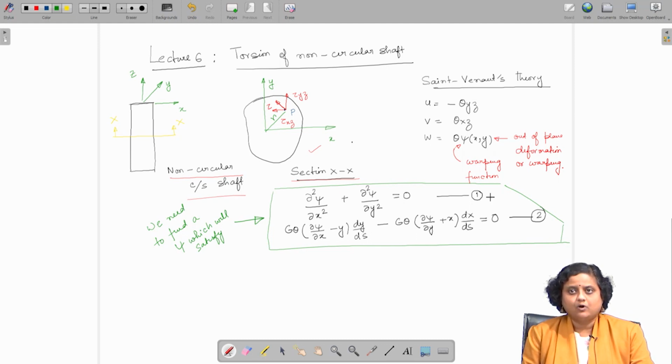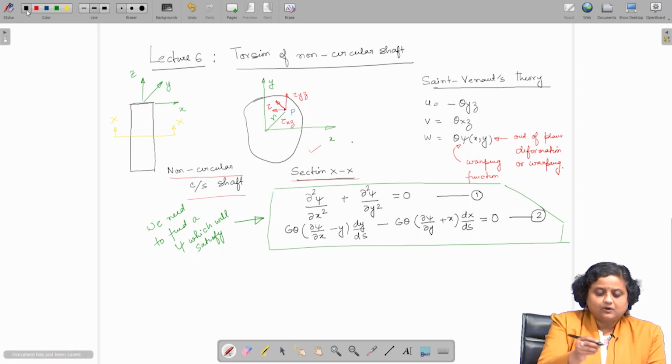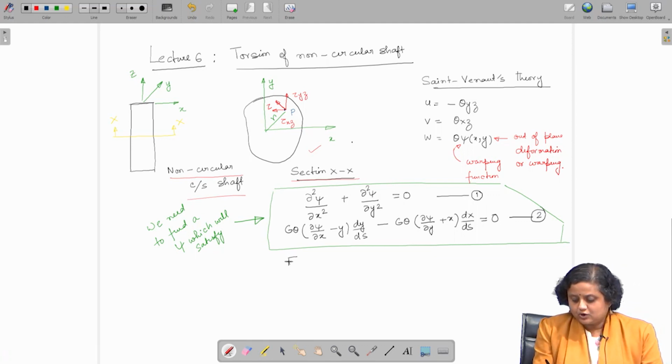Before I move on to explain the Prandtl stress function, let me summarize the features of torsion of a non-circular cross-section shaft.